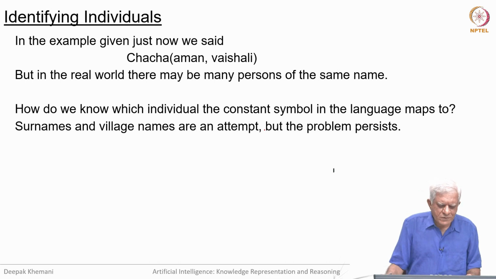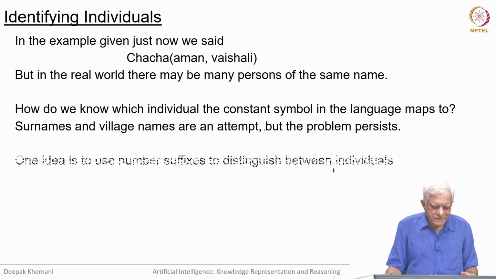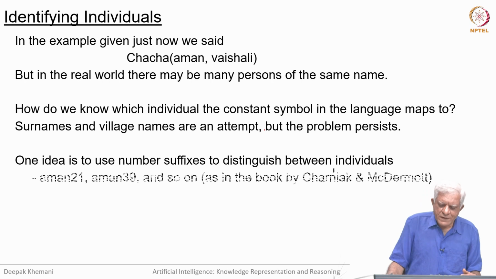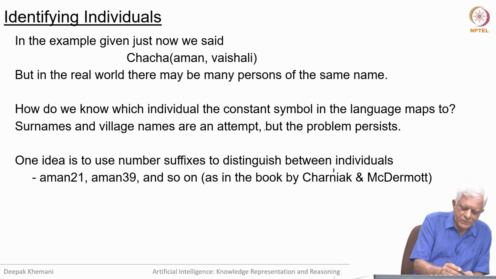We often try to address this problem by using surnames or village names, as the convention may be in different parts of the world, but the problem persists because you always have people with the same name and the same surname. There are many instances of that. So, one idea is to use suffixes of some kind to distinguish between individuals.